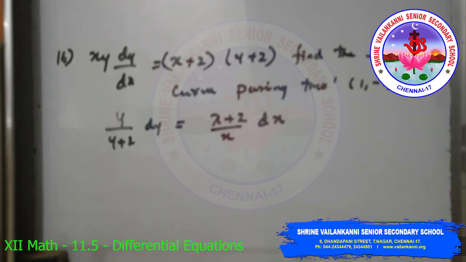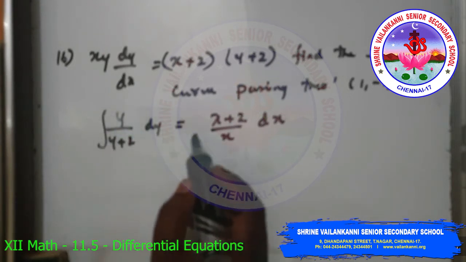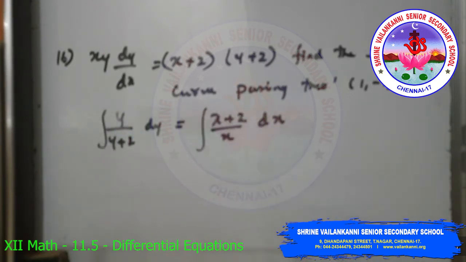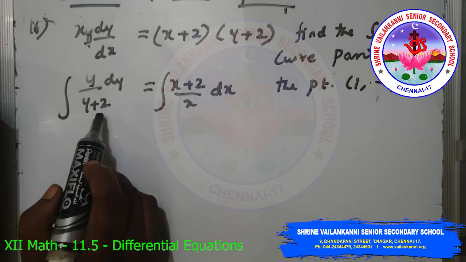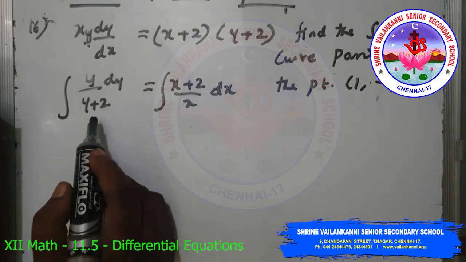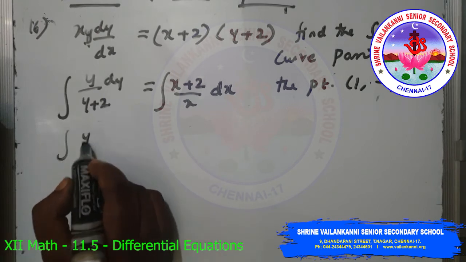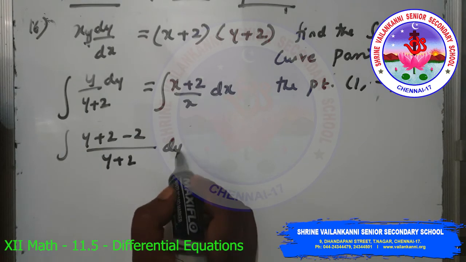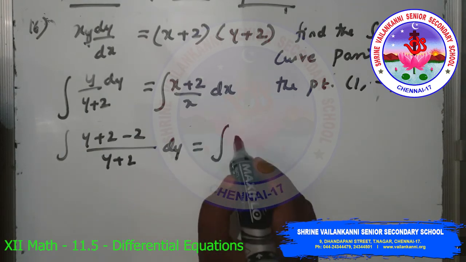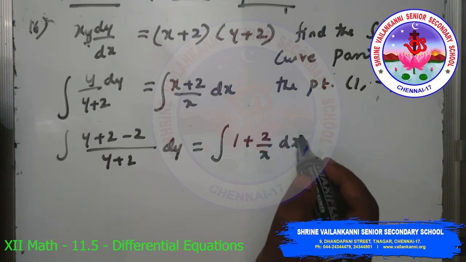So integrating both sides, y by y plus 2 into dy, which is equal to integral of x plus 2 by x into dx. We cannot use substitution method here. So I'm going to add and subtract 2 in the numerator. So y plus 2 minus 2 by y plus 2 into dy, which is equal to integral of 1 plus 2 by x into dx.